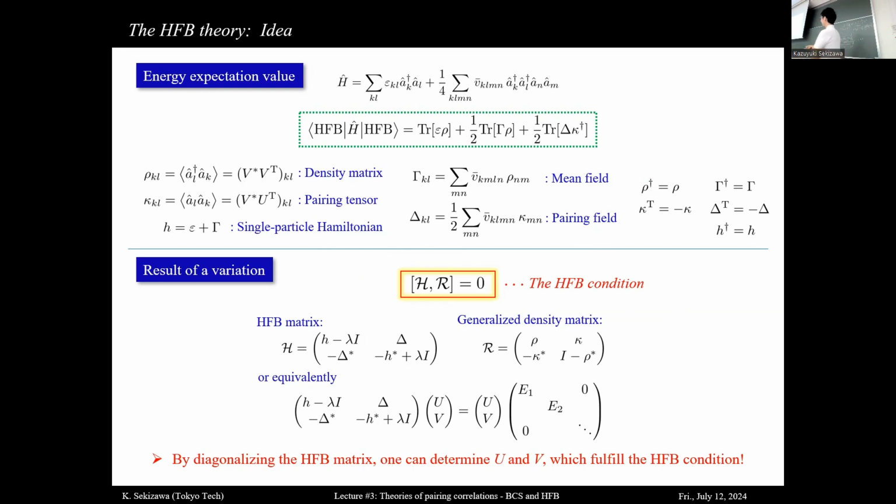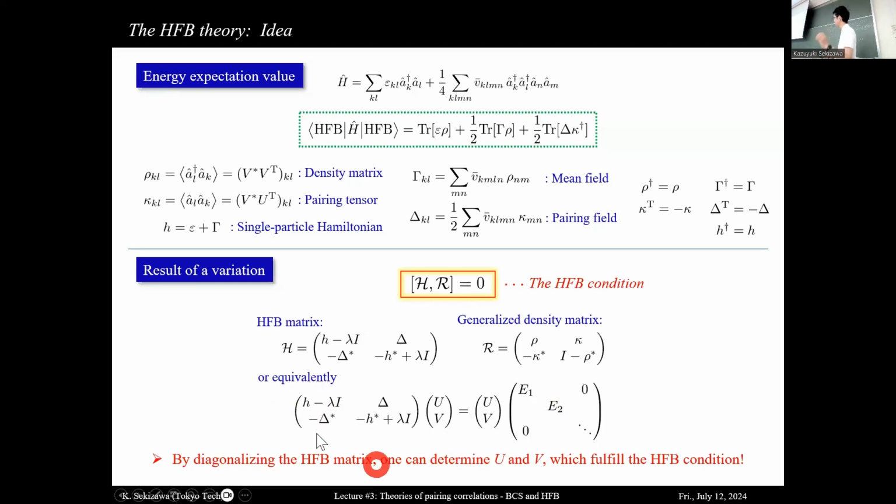But in the case of HFB, we can eventually derive a very similar equation, but generalized in this way. So it has the matrices H and R, given by matrices, and this HFB condition provides the so-called HFB equation.